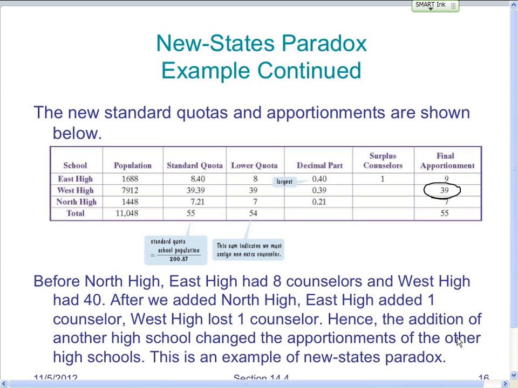So if everything were to be fair, that wouldn't have happened. If everything had been fair, East would have kept 8, West would have kept 40, and North would have gotten the 7 new hires. But instead, West decreased in counselors, and therefore we have a paradox.